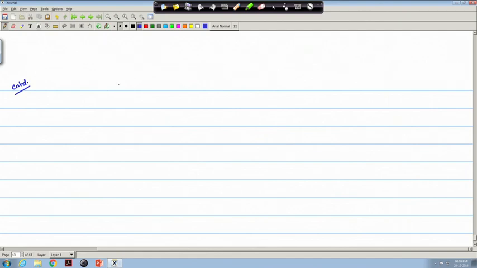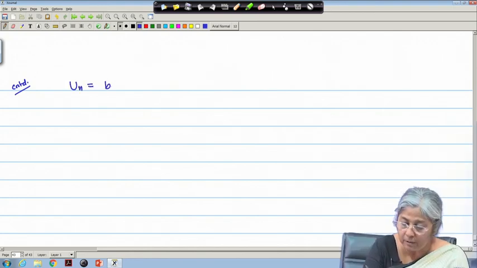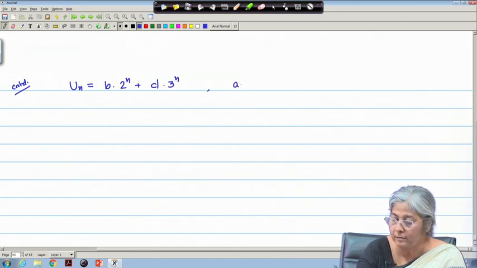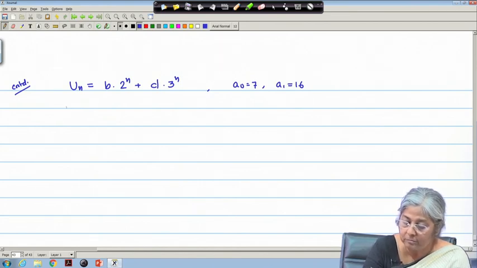We put the initial conditions: Un equal to B 2 to the power n plus D 3 to the power n, with A0 equal to 7 and A1 equal to 16.